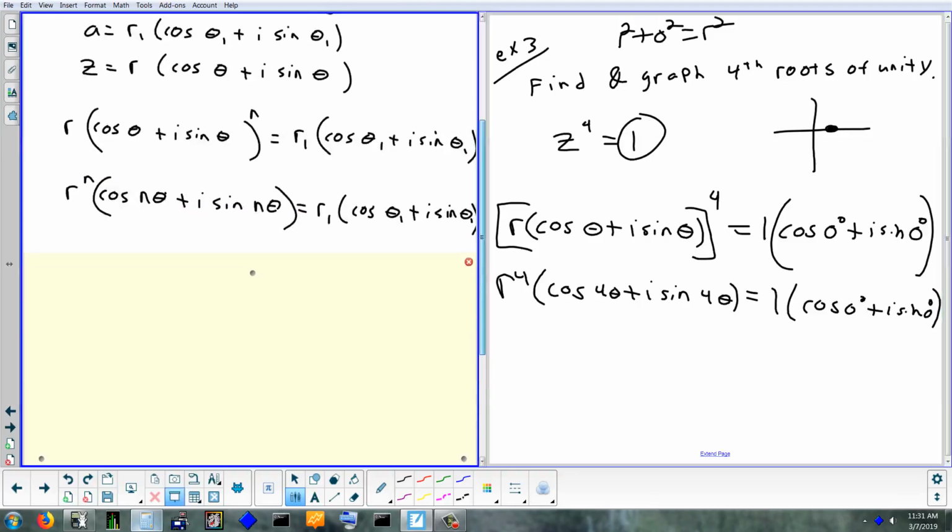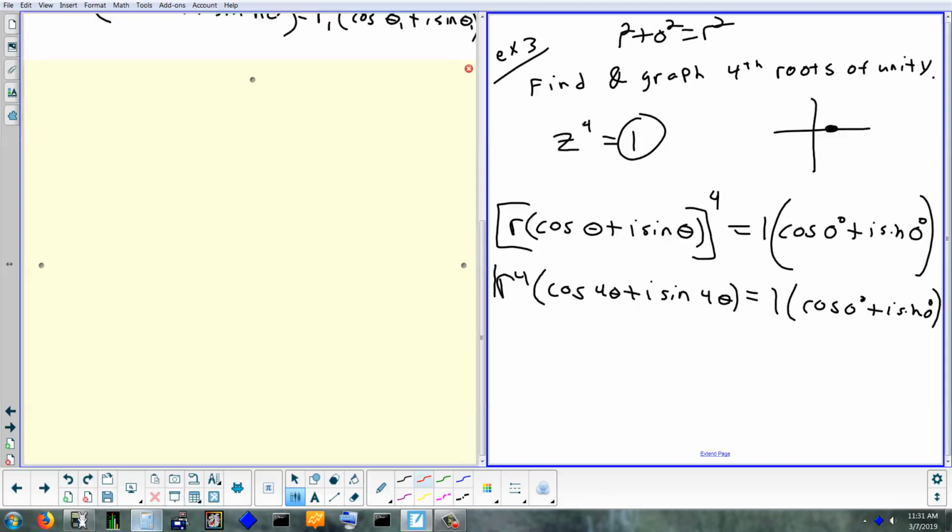Okay, and now we're ready to set up the two equations to find the r and to find the theta. You've got a radius on the left and a radius on the right. Those have to equal each other.